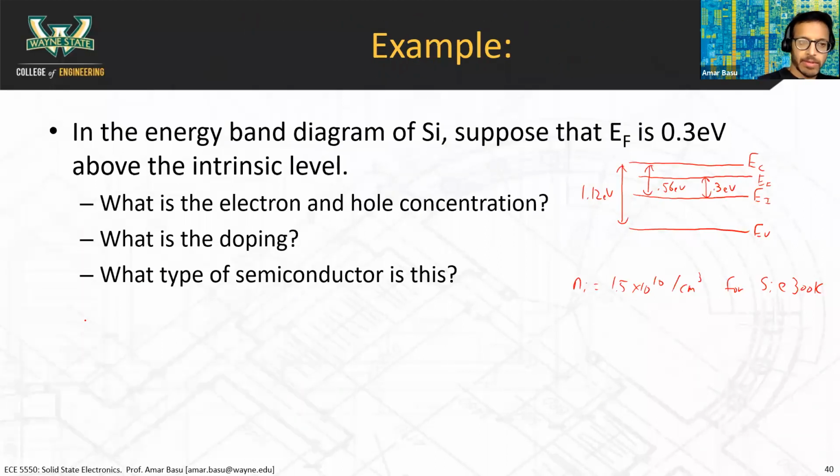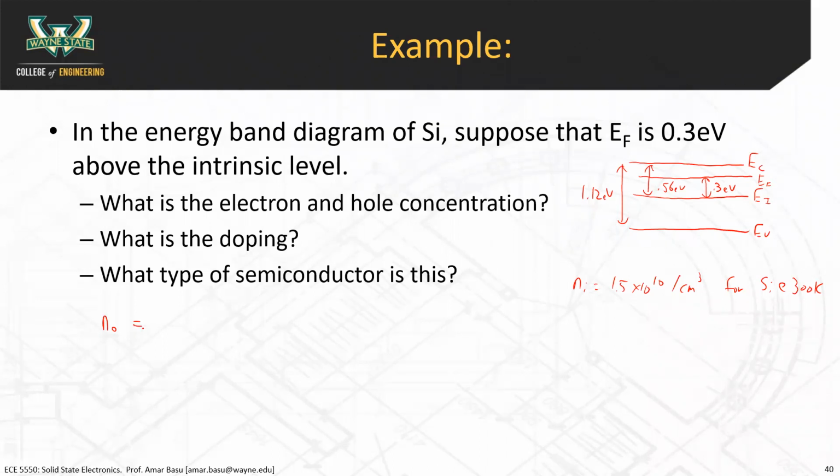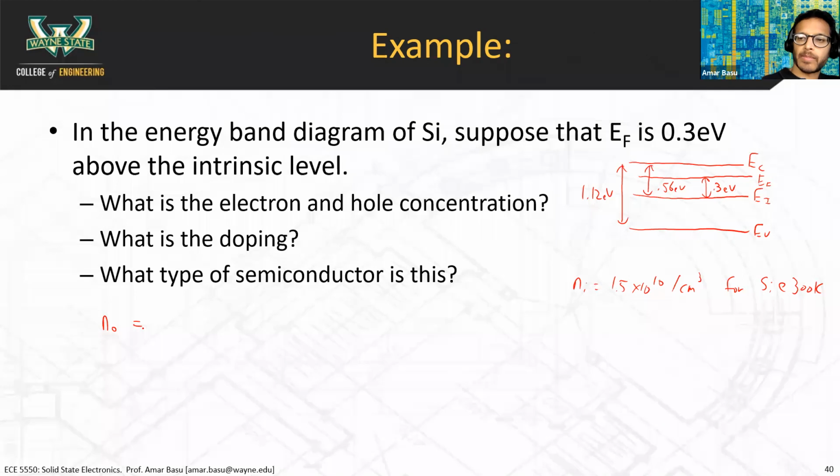So let's figure out n sub 0. What is the equation that you used here? 0.3 equals kT natural log of n sub 0 over n sub I. Oh, interesting.